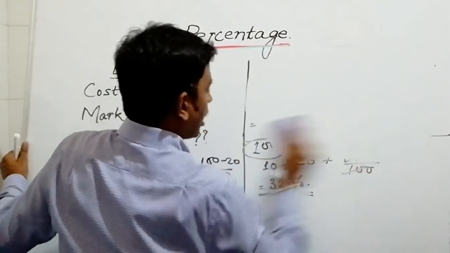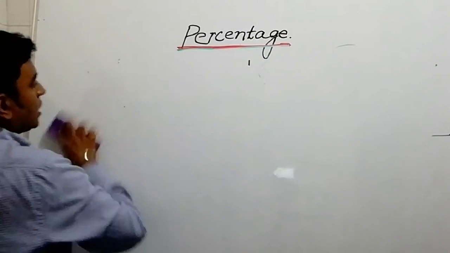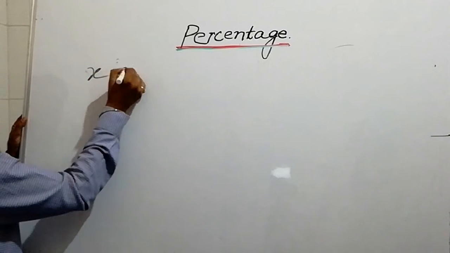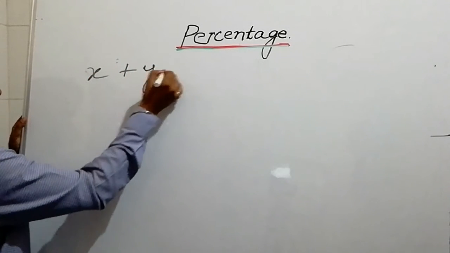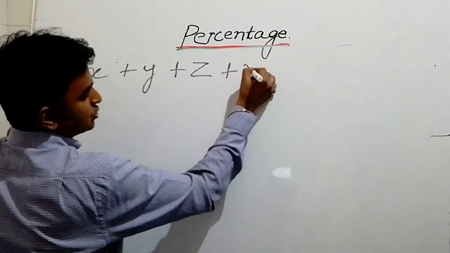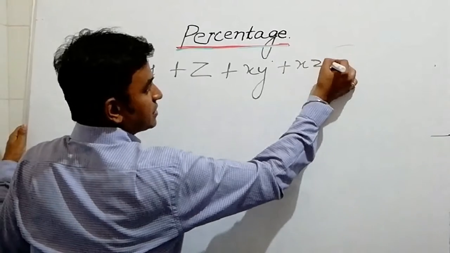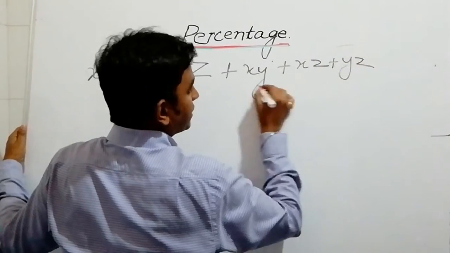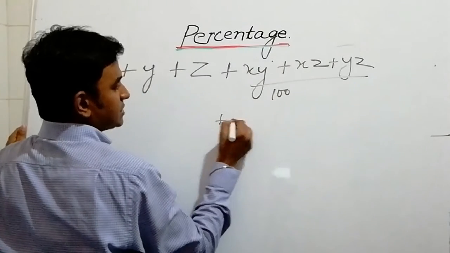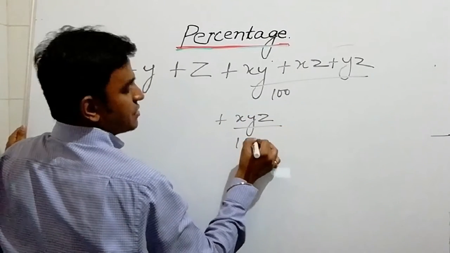Your formula will now become x plus y plus z plus xy plus xz plus yz divided by 100 plus xyz divided by 100 square.